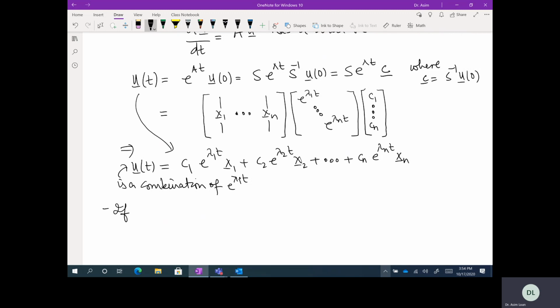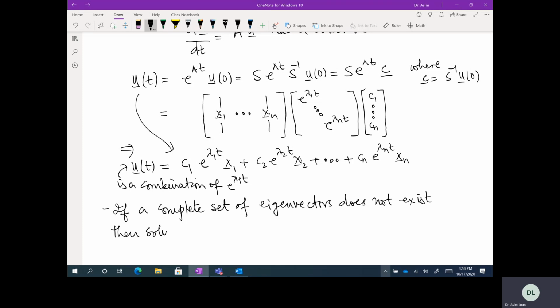So if a complete set of eigenvectors does not exist, then solutions are of t times e^(λt) form.